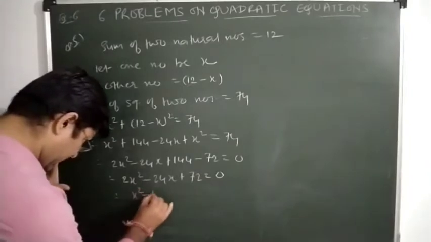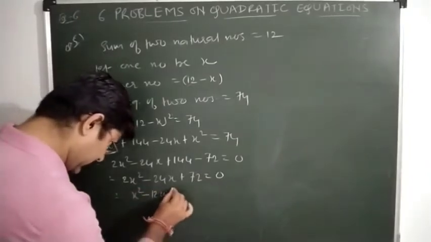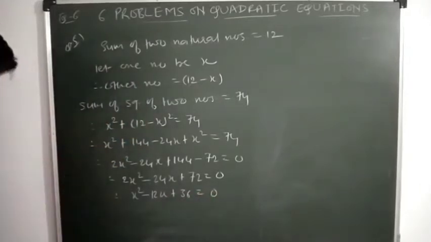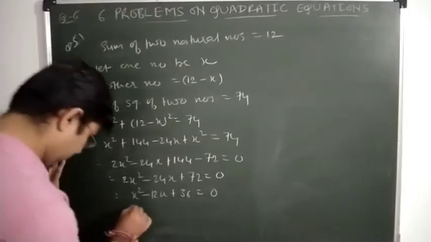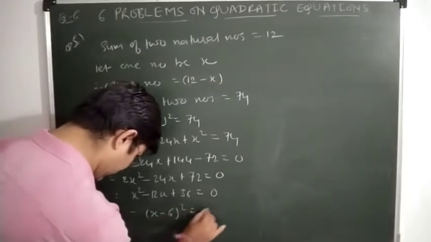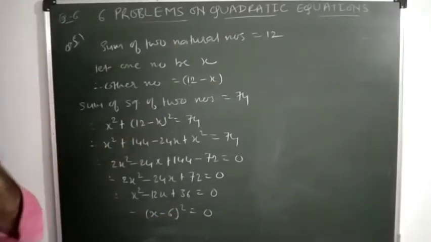Therefore x square minus 12x plus 36. Find two factors of 36 whose sum is 12. Okay, so 6 6s are 36. Actually this is a perfect square polynomial. x minus 6 the whole square you can write for this. Yes or no? Coincident roots.